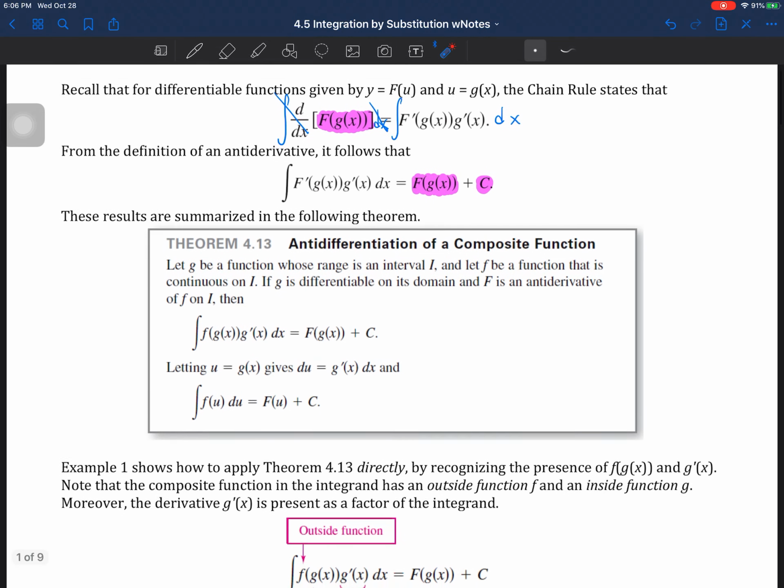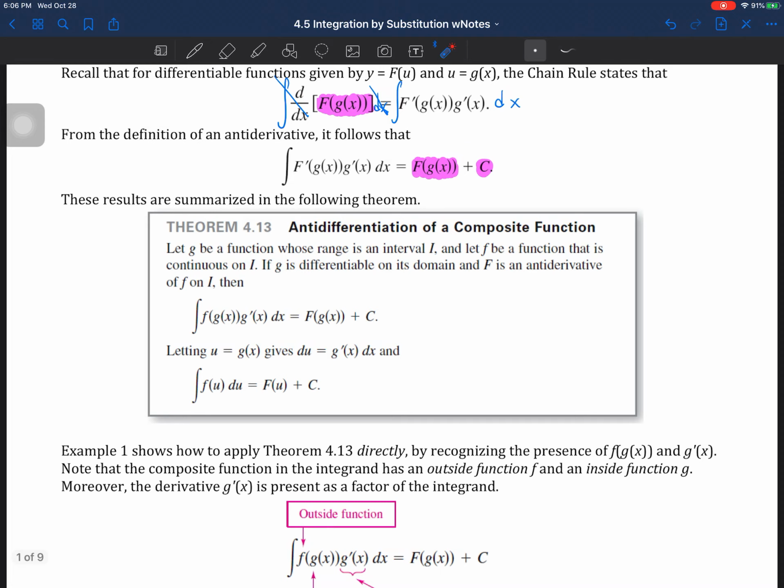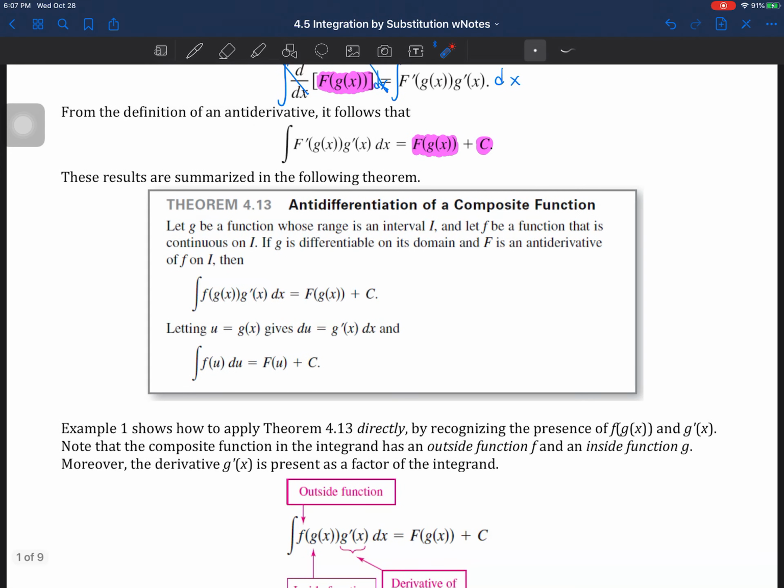An alternative way to do this is by making a u substitution. So this is sort of like the second technique. We can try to do this and look at the pattern, or we can use u substitution. What it tells us is it makes it easier for our eyes to follow.